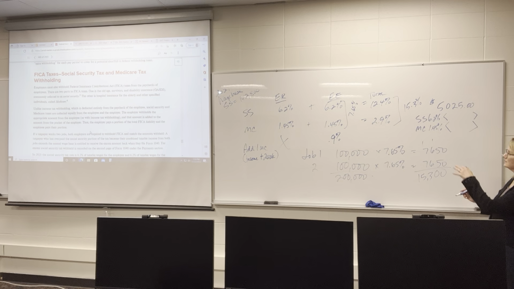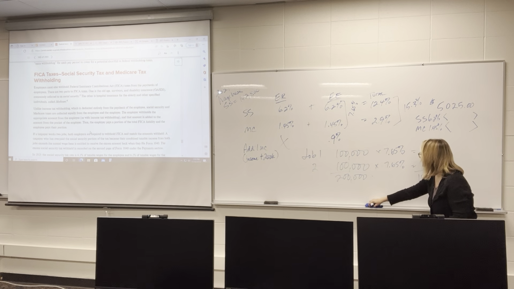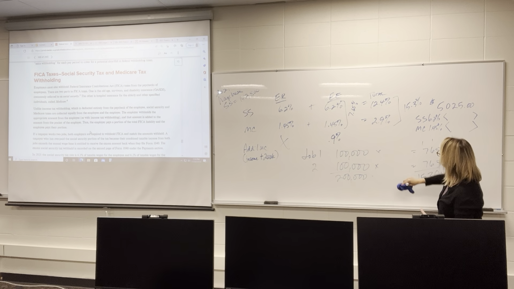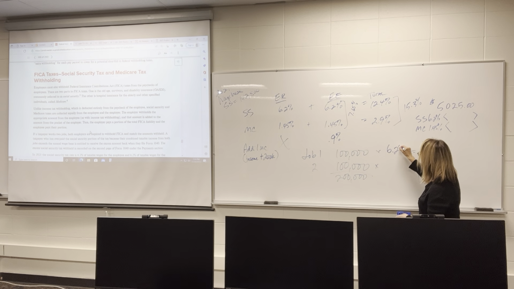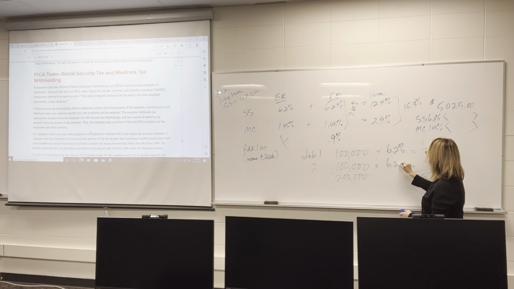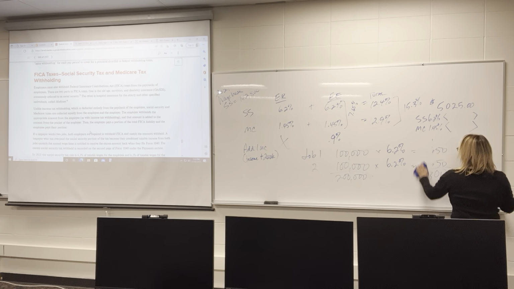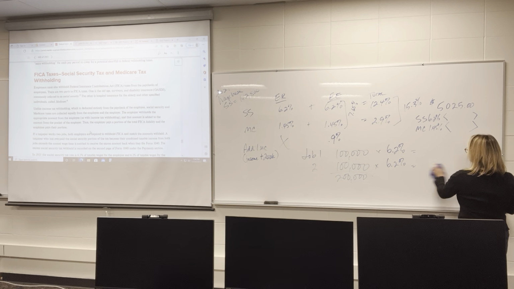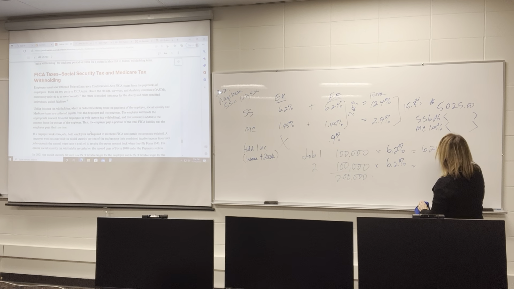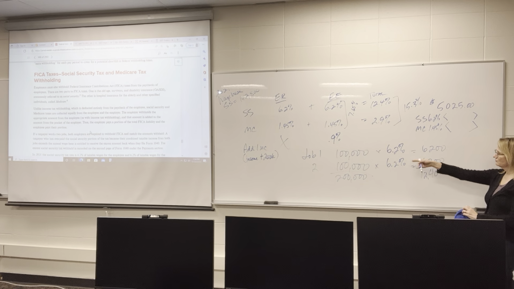Well, for Social Security, I just want the Social Security. 6.2%. Sorry, if you wrote that down, erase it. 6,200, 6,200. So 12,400 has been withheld for Social Security.